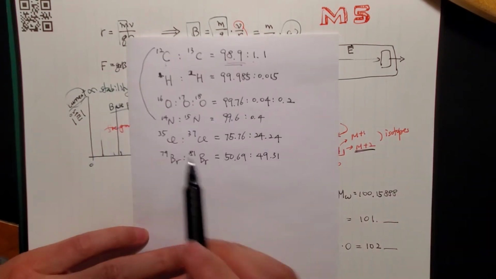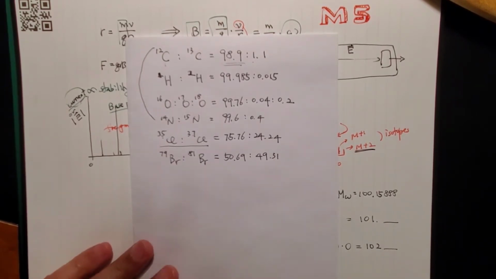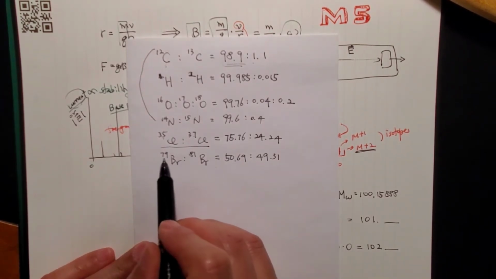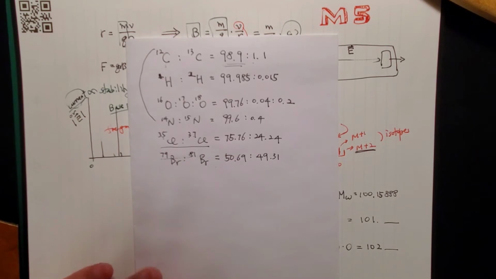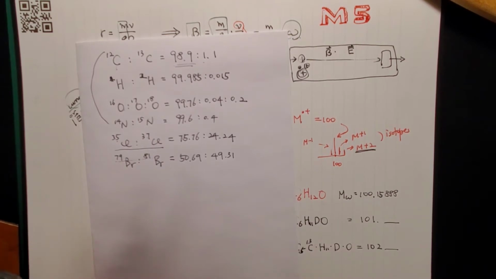But atoms like chlorine, if you have one chlorine isotope, you have a +2, okay, not +1. Bromine also, if you have one bromine isotope, you increase the mass by 2 units. So you have an M, but then you have an M+2.